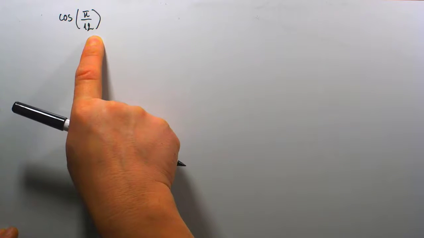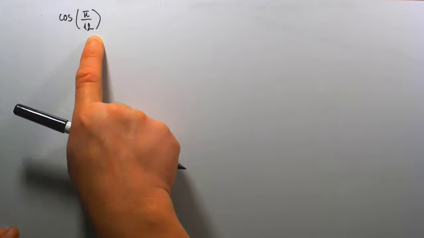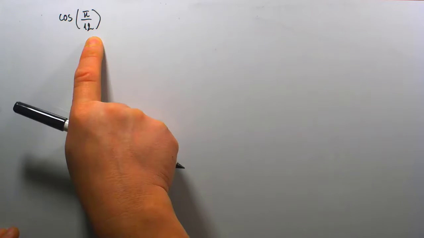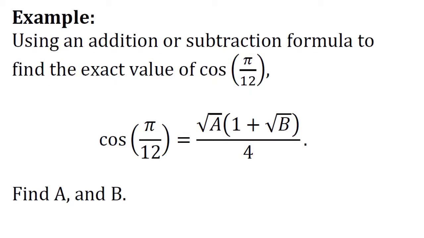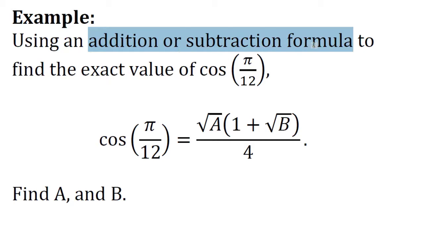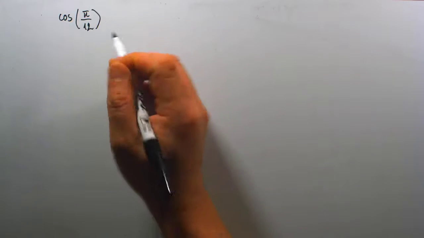Similar to other examples that I have already done, and just like the instruction of the problem is saying, we can use either the addition or the subtraction formula to find the exact value of cosine of pi over 12. And so this is what we can do right here.